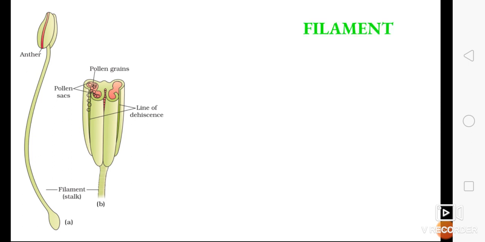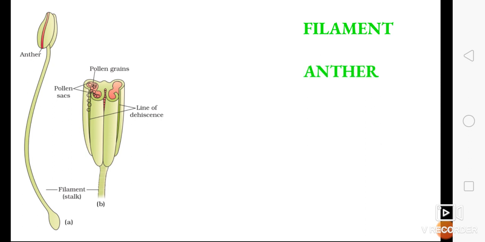The stalk of stamen, filament. And at the terminal portion, there is a bilobed structure. Bilobed means two-lobed. So at the terminal portion of stamen, we can observe a swollen two-lobed part. That part is anther.